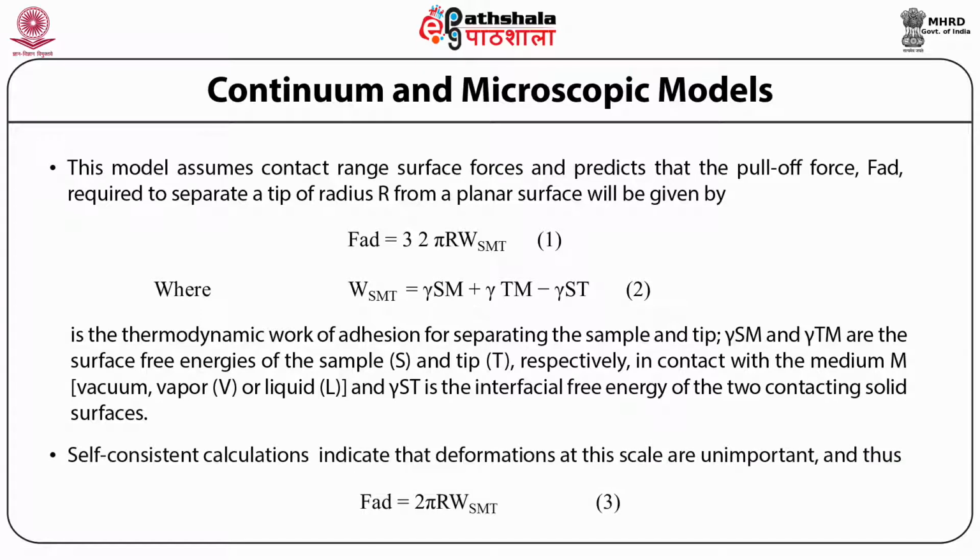Self-consistent calculations indicate that deformations at this scale are important, and thus FAD could be given by FAD equal to 2πR WSMT. This is a mathematical relation which one eventually works out.